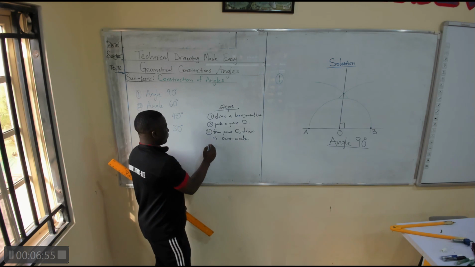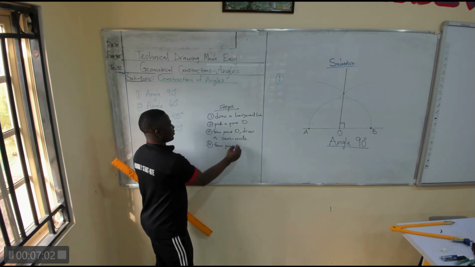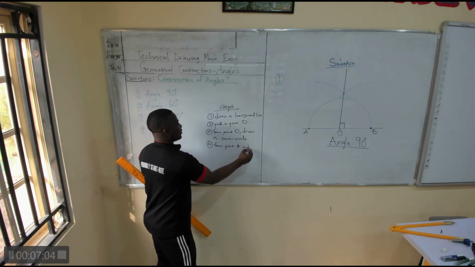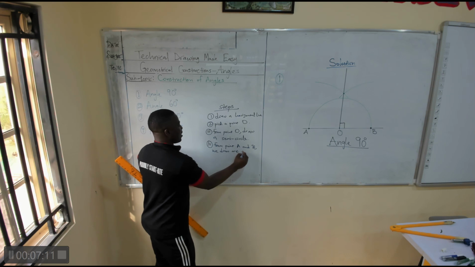Can you see that now? 4, from point A and B, we draw arcs above.